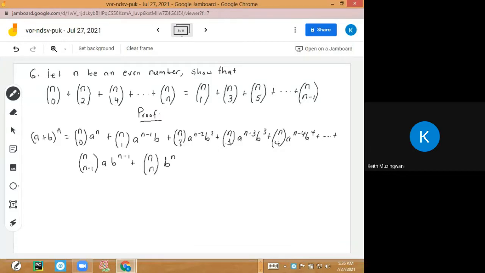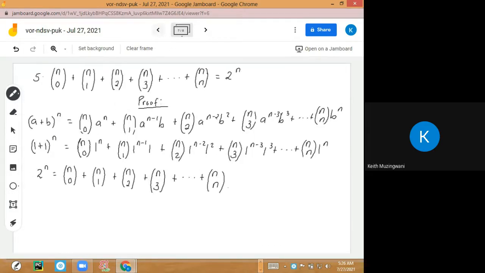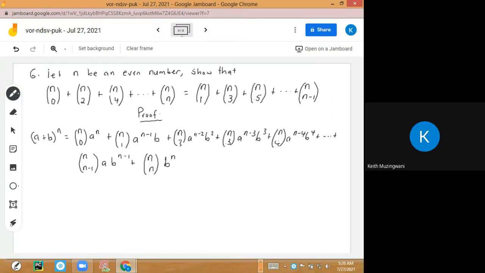So again, you look at your question. If this worked for 1 and 1, now we have something a bit complicated again, but we are told n is even. So even numbers have something to do with a negative. So let's try to get a to be 1 and b to be negative 1 and see what will happen.